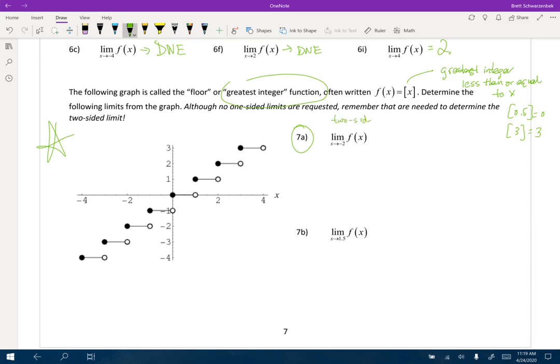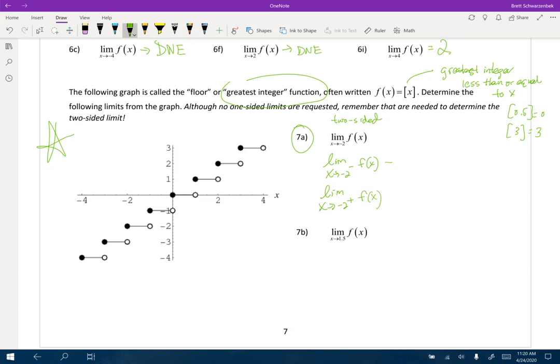If it's a two-sided limit, you've already been trained that you must find the left and right side limits before you can find the two-sided limit, and they need to be equal. So the first thing we need to do is find the limit as x approaches -2 from the left of our function, and then the limit as x approaches -2 from the right of our function.